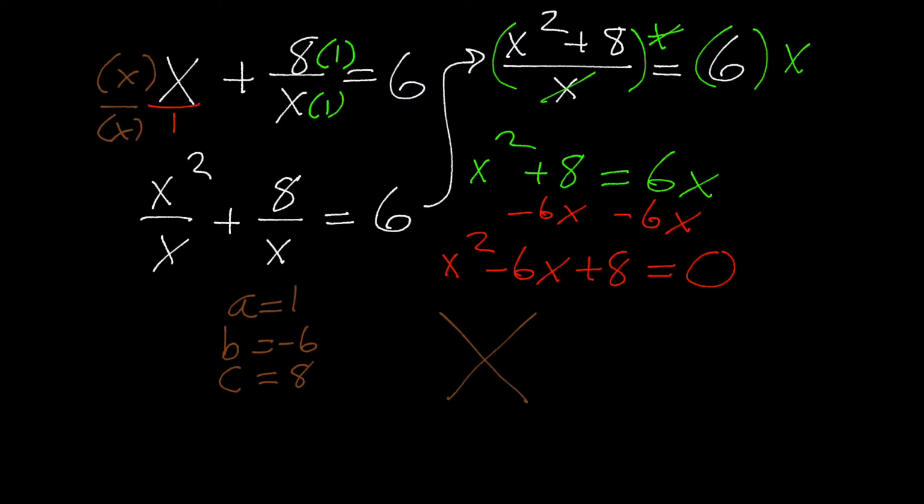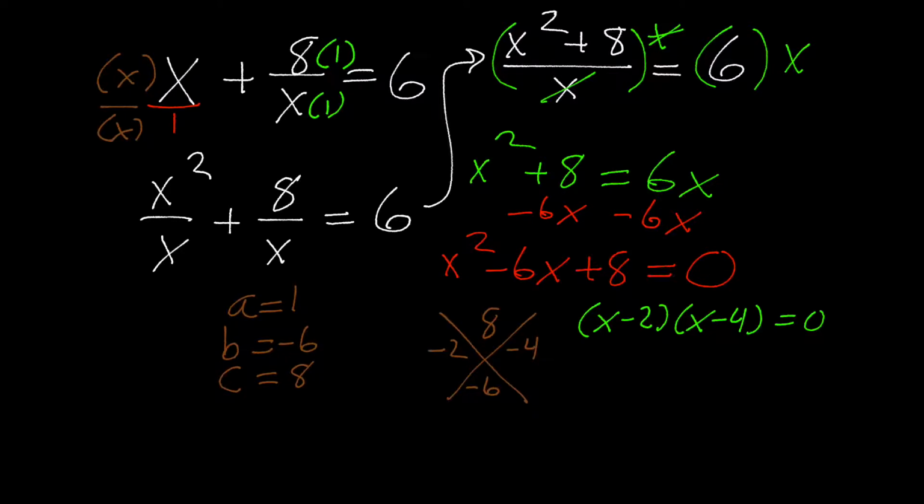A times c up at the top is 8, b is negative 6, so I need two numbers that are going to multiply to positive 8 and add to negative 6, which is negative 2 and negative 4. So this is going to factor down to x minus 2 times x minus 4 equals 0.